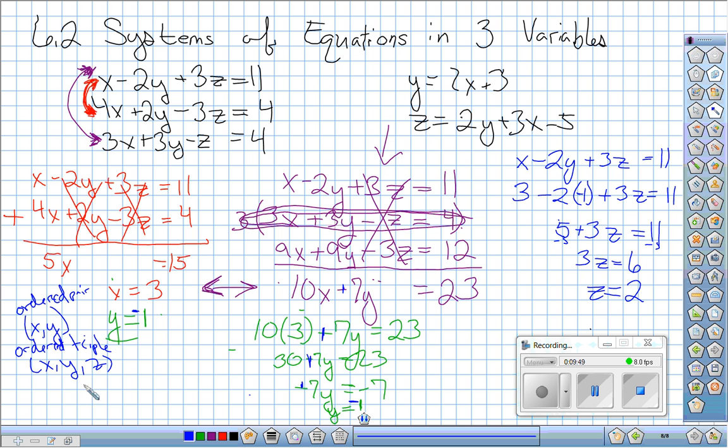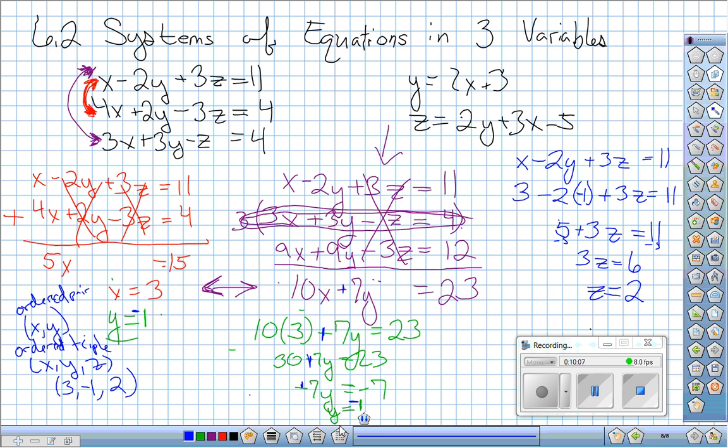This is still a single point, which might mean I go forward x, left y, and then up z. My ordered triple in this case will be 3, negative 1, comma 2.